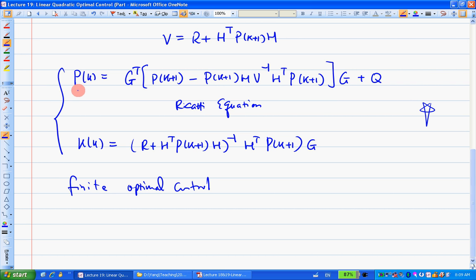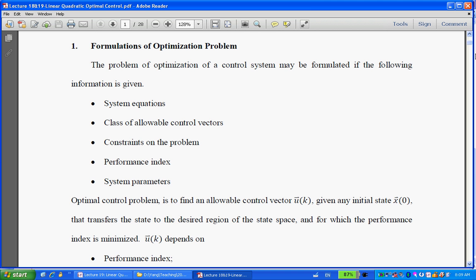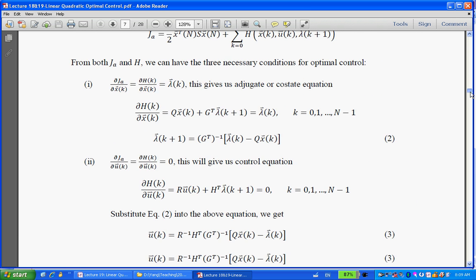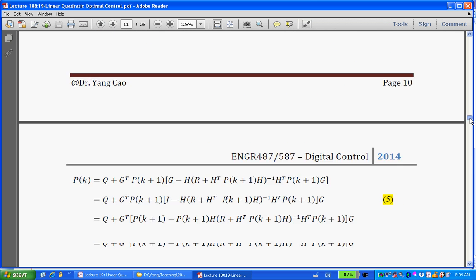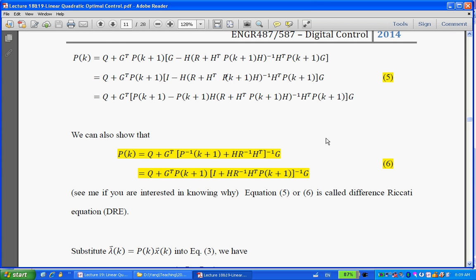Before we move on, let's take a second look at this P matrix, or this Riccati equation. You can play with this equation using linear algebra. This discrete Riccati equation has a couple of different formats, but they are all the same thing. You can just express it in a different format. I'm not going to derive that anymore. In the lecture notes, I did give this one on this page.